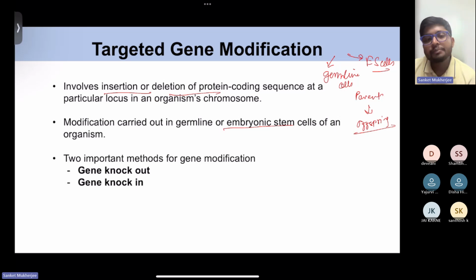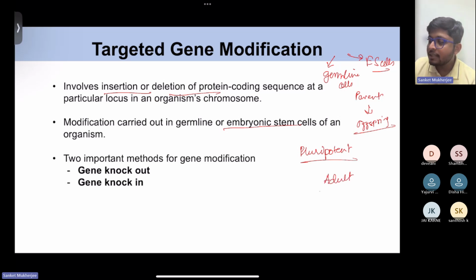So stem cells are essentially pluripotent cells. And what do we mean by pluripotent cells? They can differentiate into multiple lineages, right? Usually an adult cell has limited functionality, limited structure. So let's say a skin cell has the same DNA, the same genetic material as that of a liver cell.